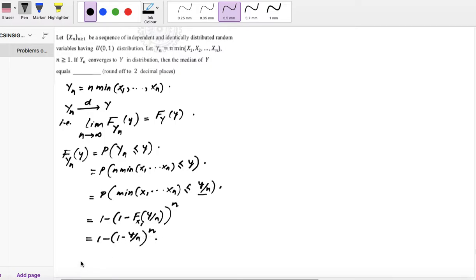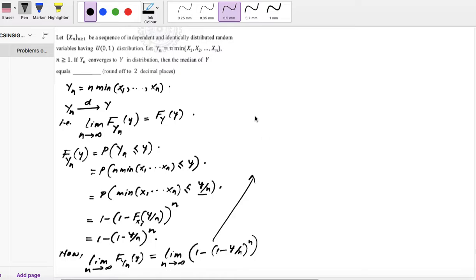Then the limit as n tends to infinity of F of yn of y is equal to the limit of 1 minus (1 minus y by n) to the power n, which is 1 minus e to the power minus y.